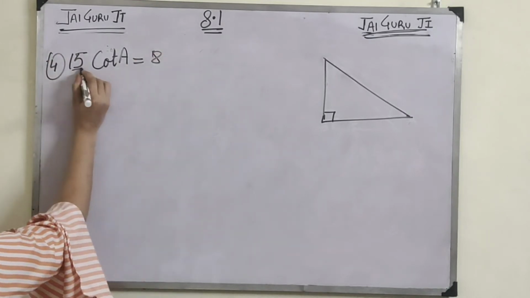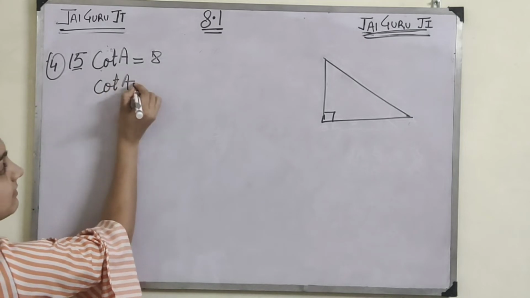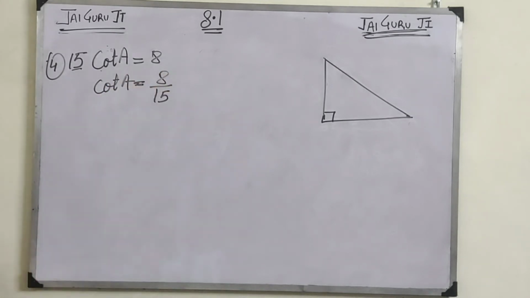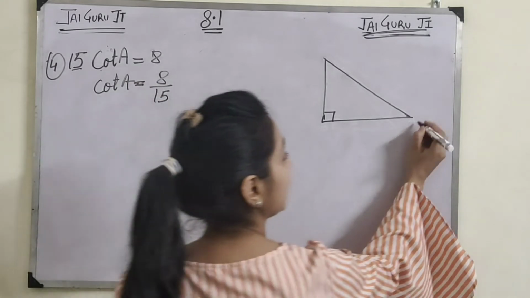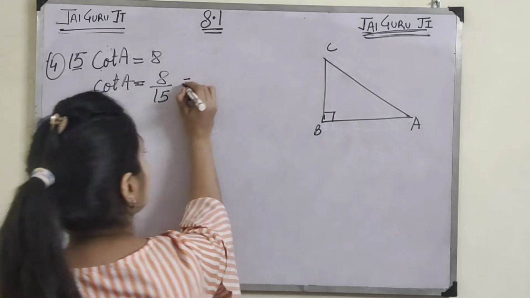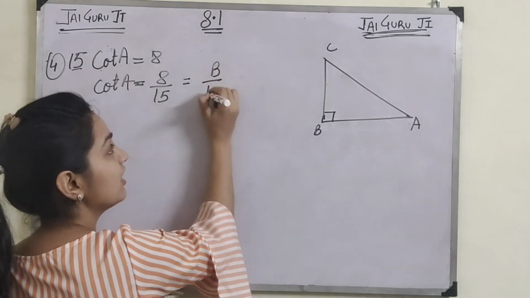If 15 is multiplied here, there it will be divided. Means cot A will become 8 upon 15. So if I take A here, B here, C here, what is cot? Opposite of the tan. That is B upon P.